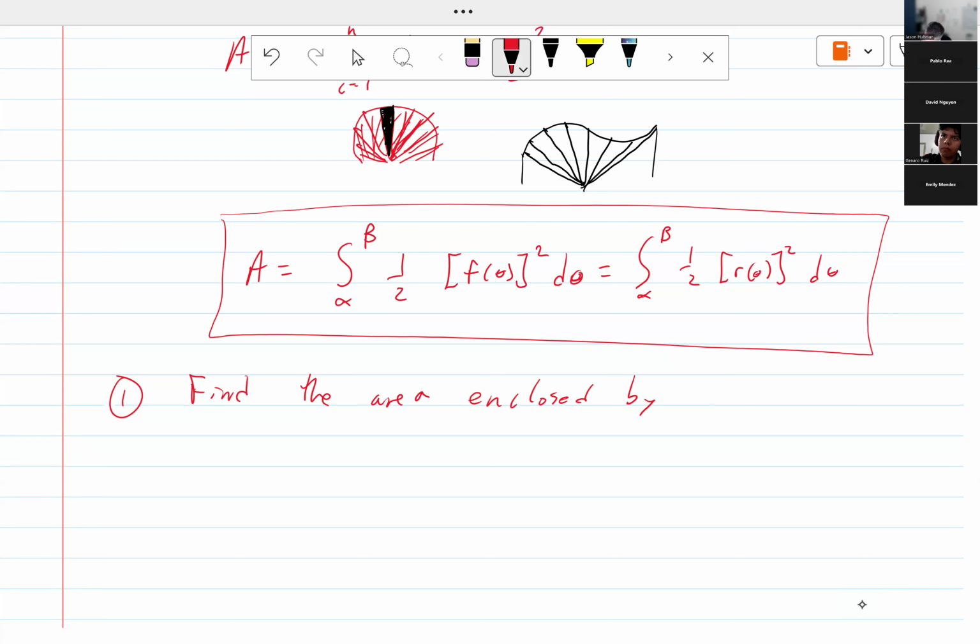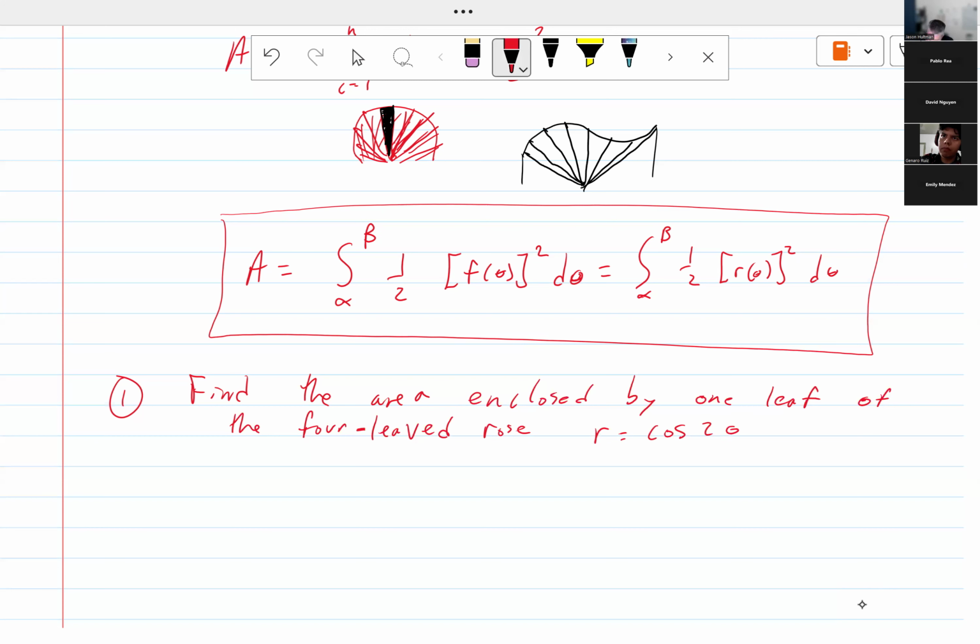We'll call this one leaf of the four-leaved rose, r equals cosine 2 theta.